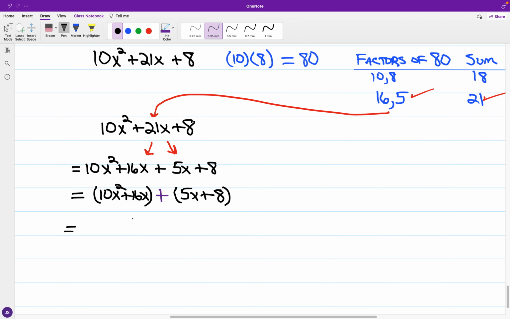Now for the first binomial, we have 10x squared plus 16x. We have variable terms in the letter x, so the greatest common factor will include x.